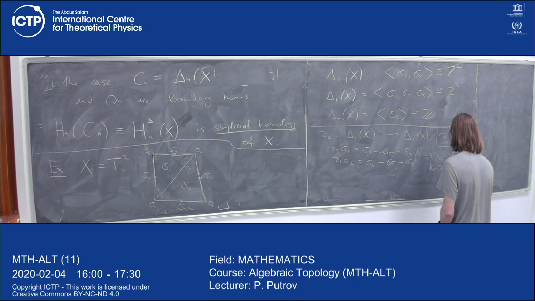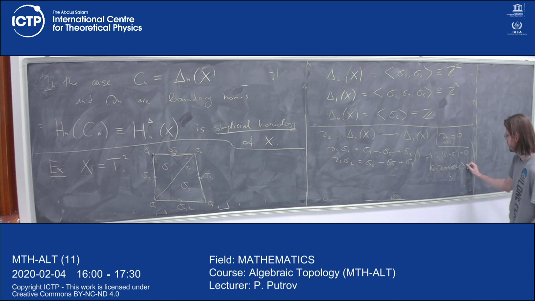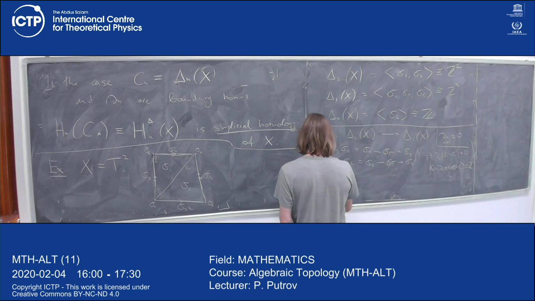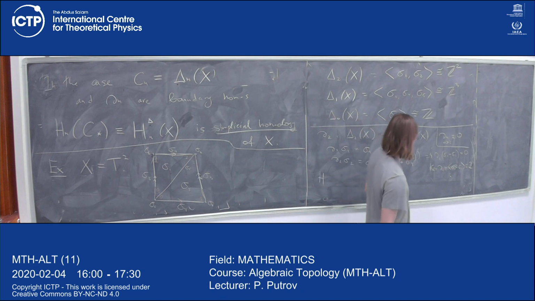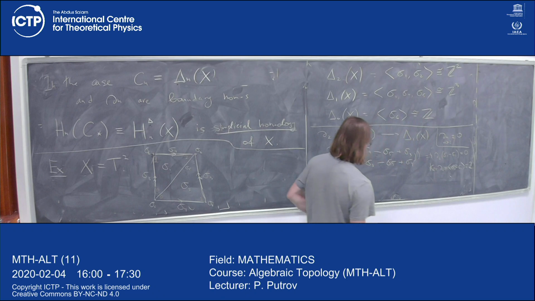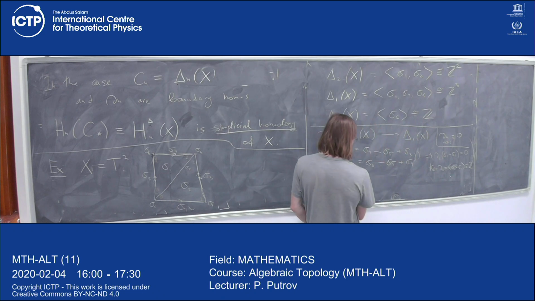So in particular, I see that the kernel of d2 is generated by just a free Abelian group generated by this difference, which is isomorphic to Z. And now, since we know that the image of D3 is of course trivial, I can calculate H2 delta of T2.